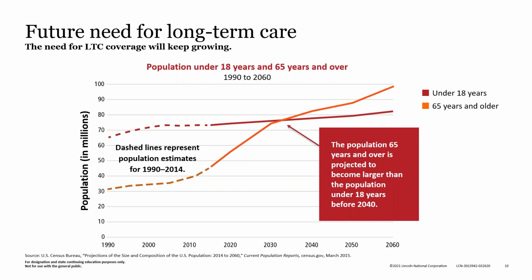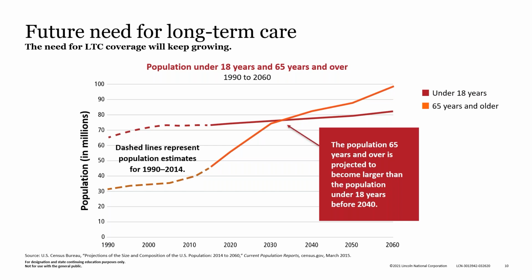What we're going to see is that continue to rise. If your client is 60 right now, by the time they're 80, 20 years from now, we're going to see that number be almost 85 million to 90 million individuals 65 and older.